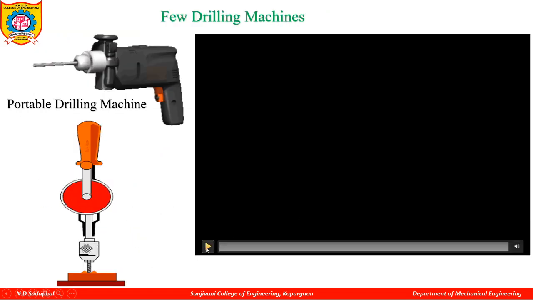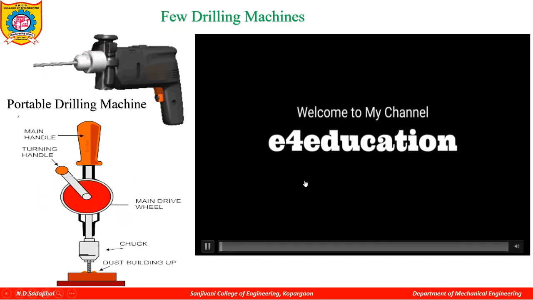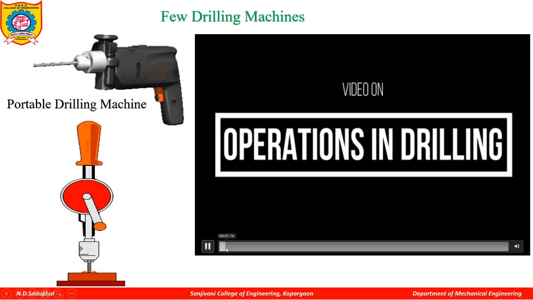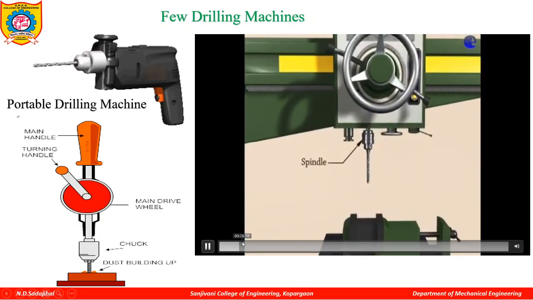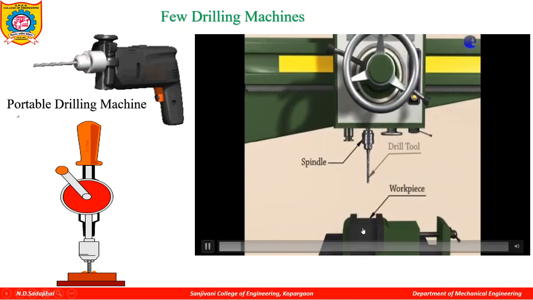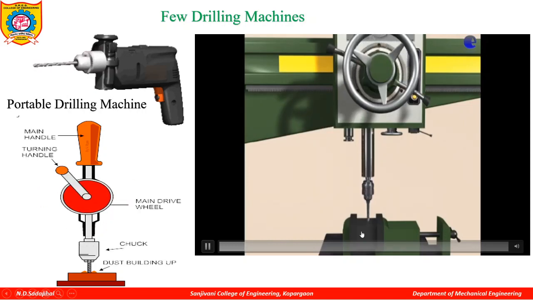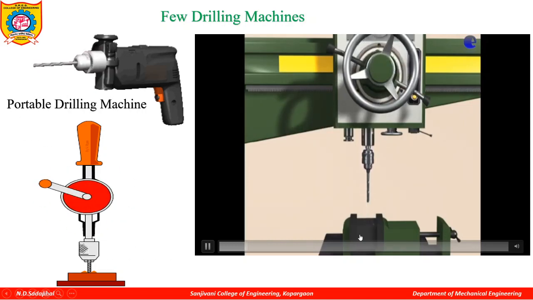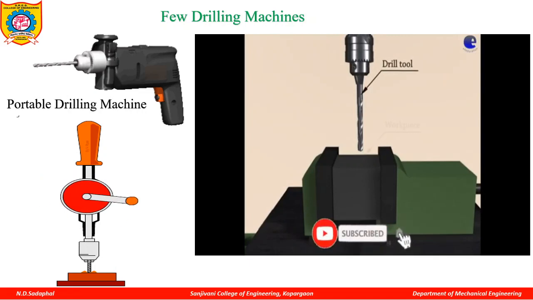Now here you can see the different operations again. Drilling operation first. Here the spindle is there, the workpiece is in the spindle, and the drill is fixed. When you rotate the wheel, the drill will go inside and the drilling operation will be done. The hole is drilled. After drilling, you want to finish the inside surface of the hole.